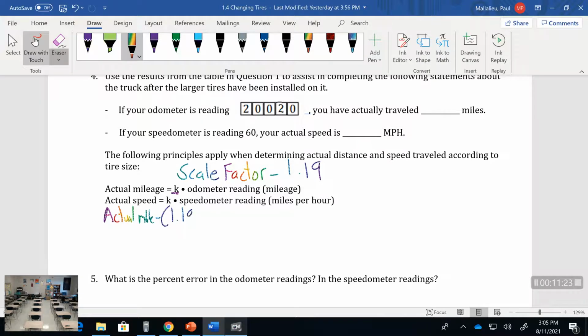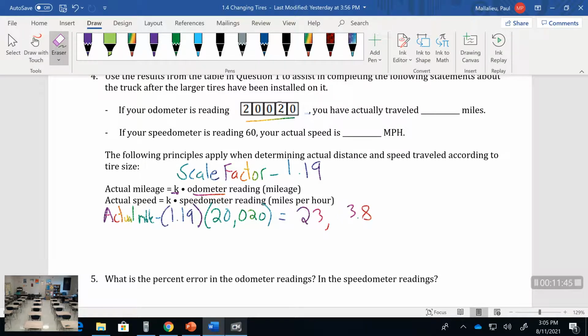We're saying 1.19 times the odometer reading, which in this case was showing 20,020 miles, but we have to multiply it by our new tire. So what it would actually be is 23,823.8. Whoops, sorry, I forgot the 2 there. And that is our new odometer reading, or what it should be showing.